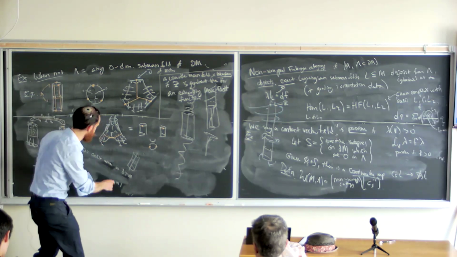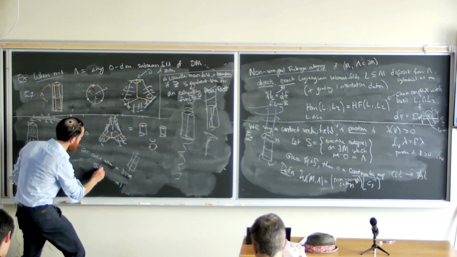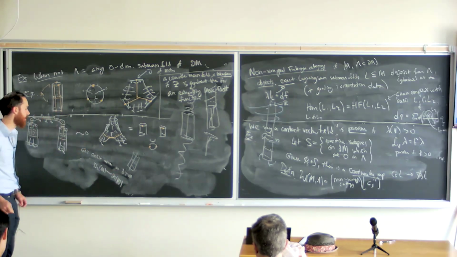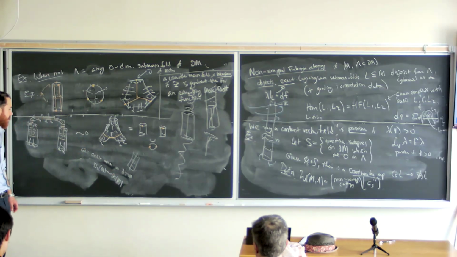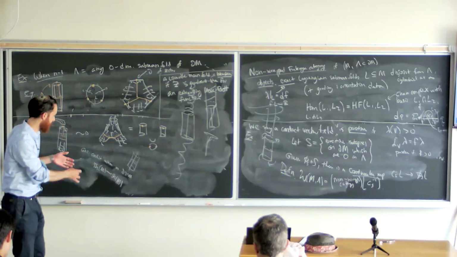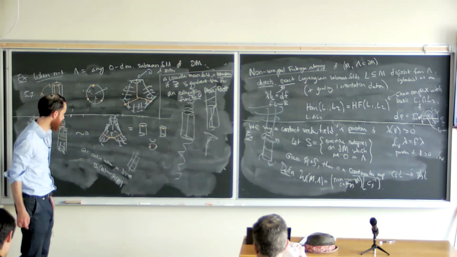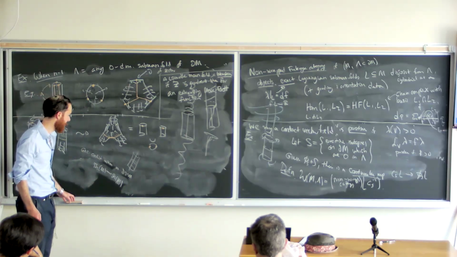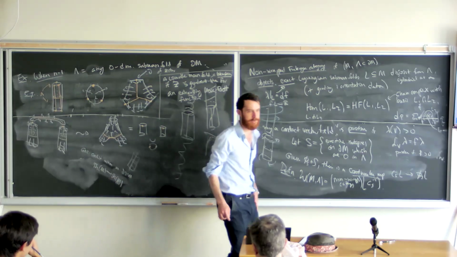A contact isotopy on the boundary of T star M gives you a map from constructible sheaves on M to constructible sheaves on M, and you can invert all of those. You can localize your category of constructible sheaves on M by doing that. Sorry, I would have to give more background to say more about this, so let me not try right now.